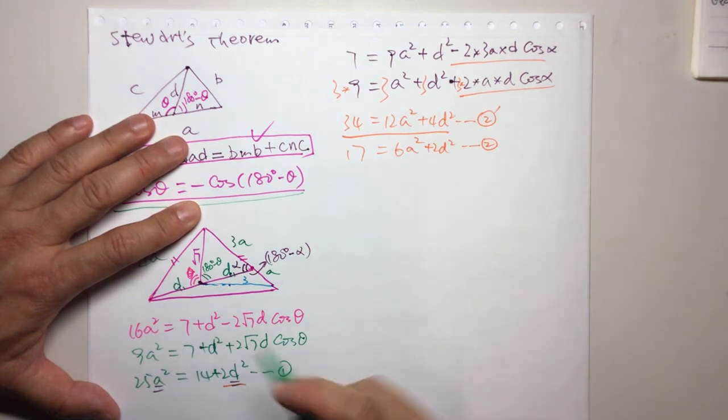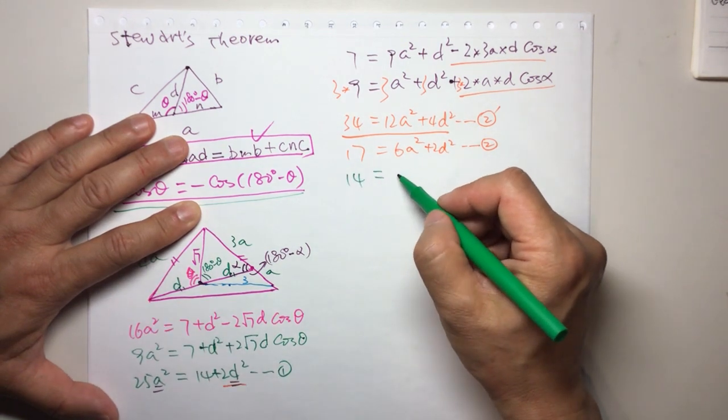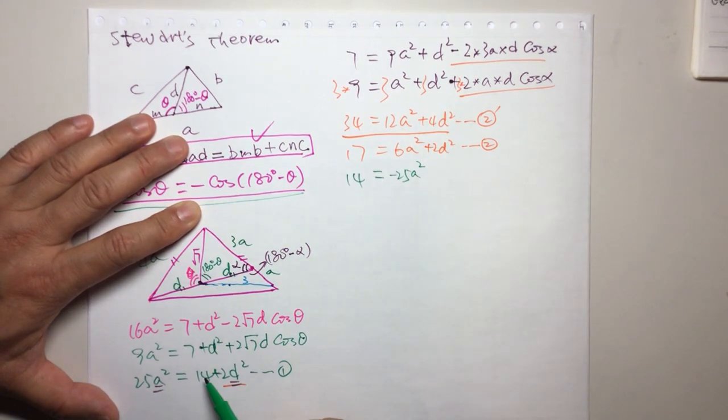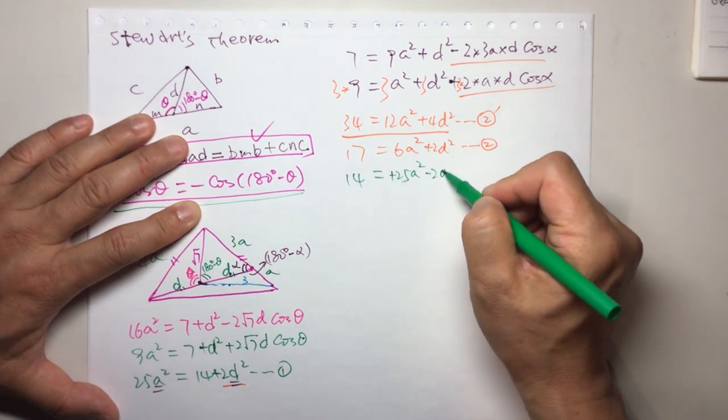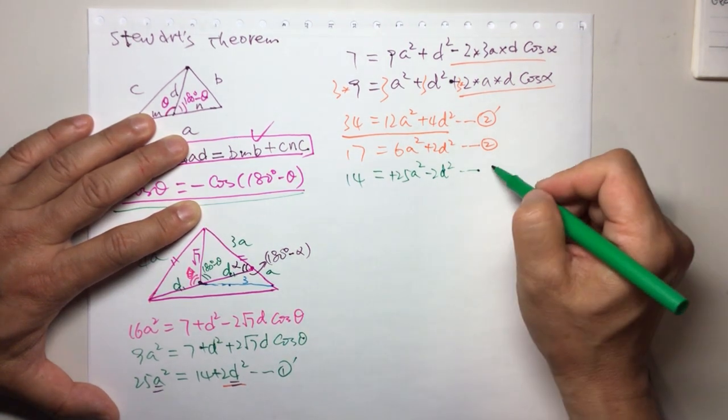So I can write here 14 equals 25a squared, oh no, 14 equals 25, so minus 2d squared, right? I just rewrite the first one.